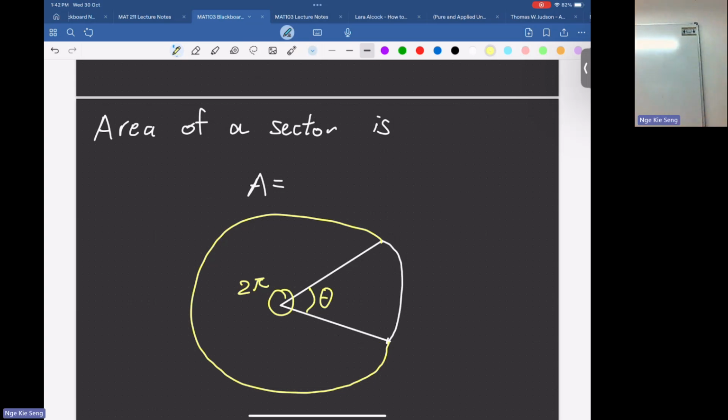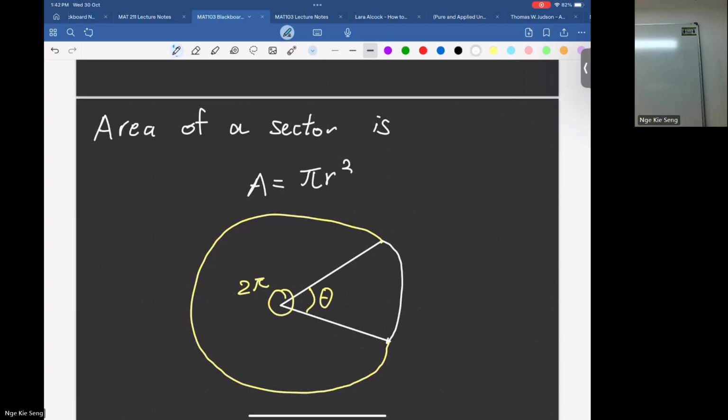Let's start from the easy question first. What's the area of your circle? What's the formula? Pi r squared. The total is pi r squared. But when we cut out the section here, there's a proportional property.